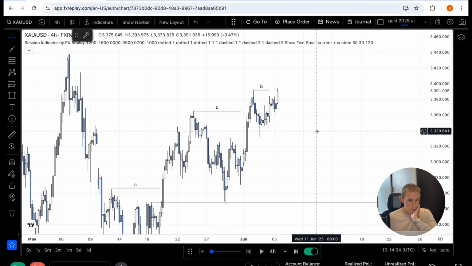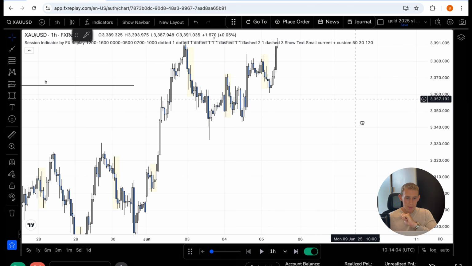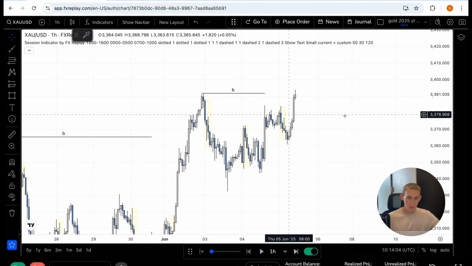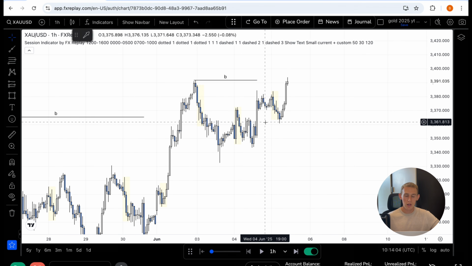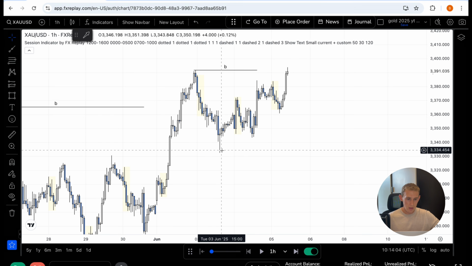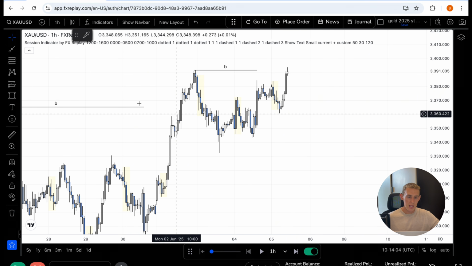So what I would be looking out for here, if we jump over to the hourly chart, is any points of interest where we could look to buy from. For myself, a point of interest is simply an area of imbalanced supply or demand or a previous liquidity level. Here, all of this range is efficient price action, so I can't really see a clear point of interest.